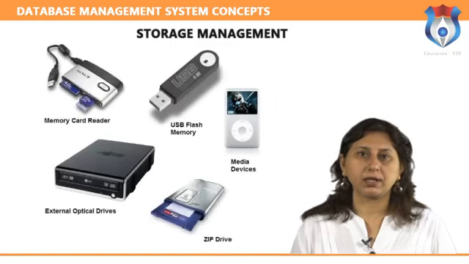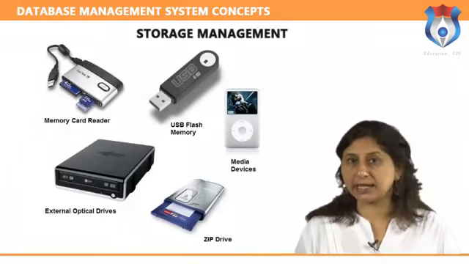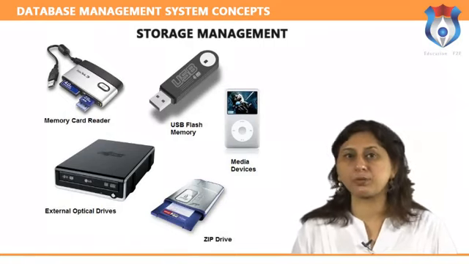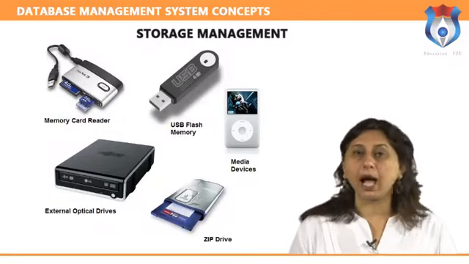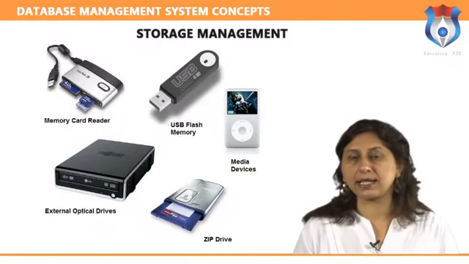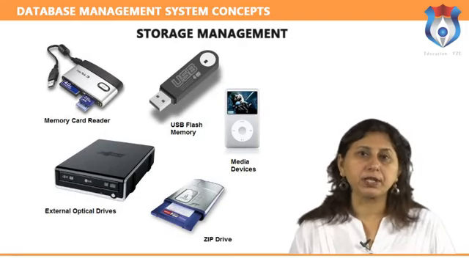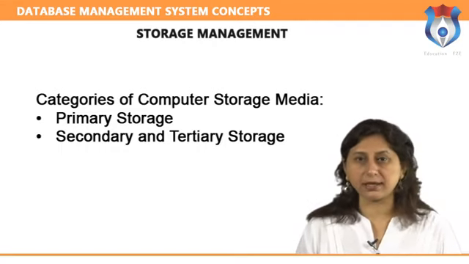Storage management. The collection of data that makes up a computerized database must be stored physically on some computer storage medium. The DBMS software can then retrieve, update, and process this data as needed. Computer storage media form a storage hierarchy that includes two main categories.